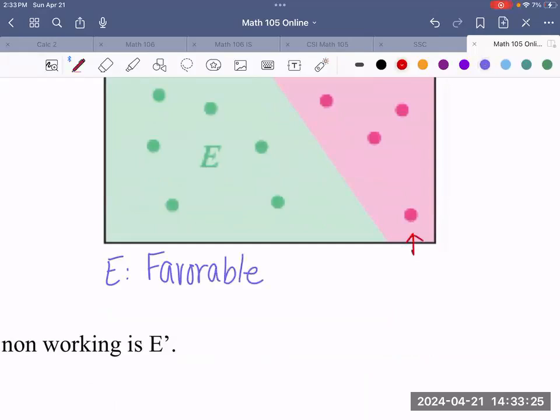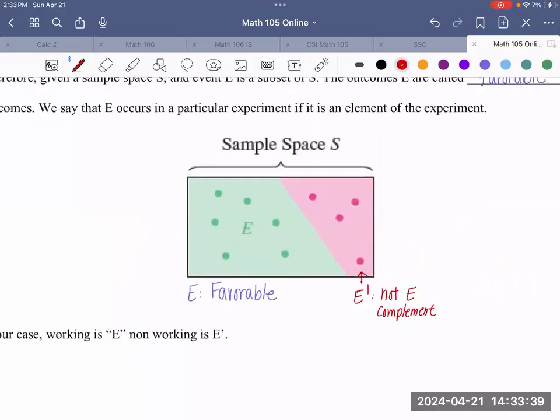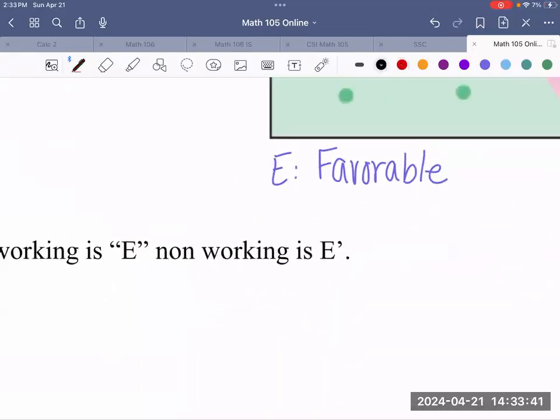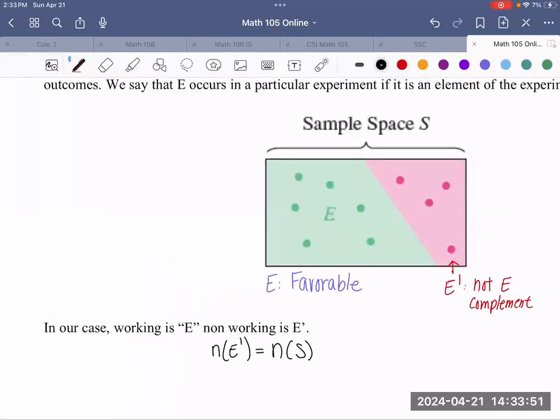And this being not E is the complement, what we weren't really interested in. Keeping in mind, to get not E, we're taking your whole sample space, that whole rectangle, and we're subtracting out the favorable to get to the other result.